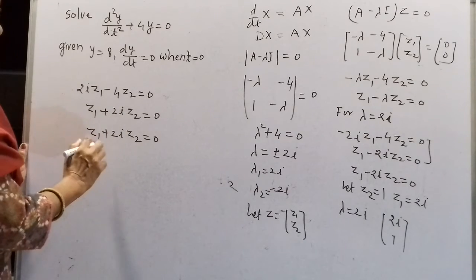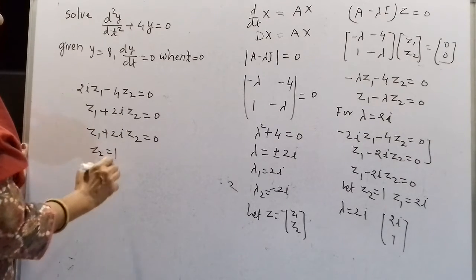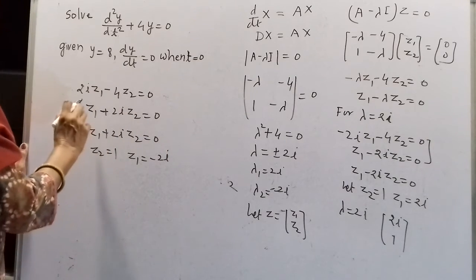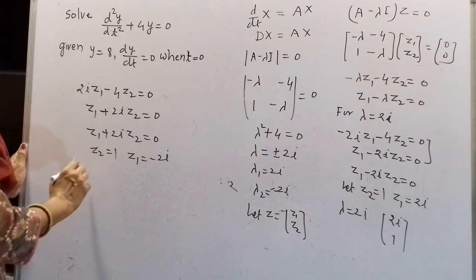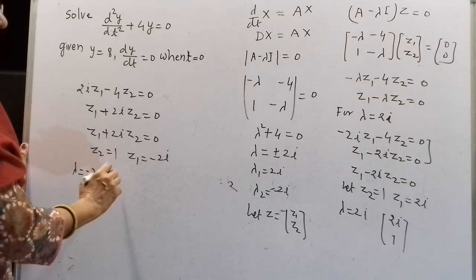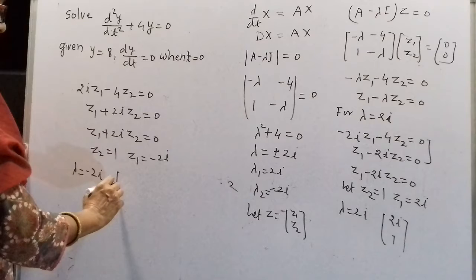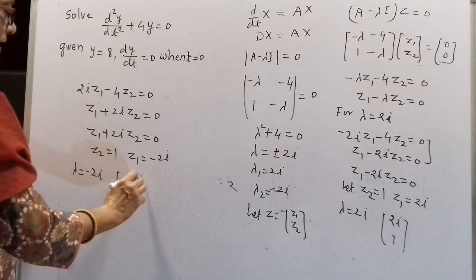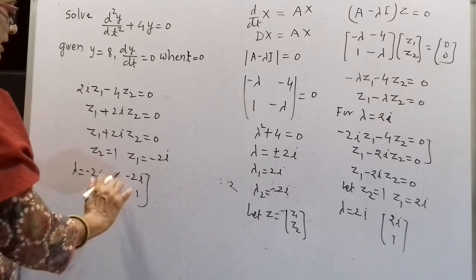Now we put Z2 equal to 1, so Z1 is minus 2i. So corresponding to lambda equal to minus 2i, we get the vector minus 2i and 1. This is the eigenvector.